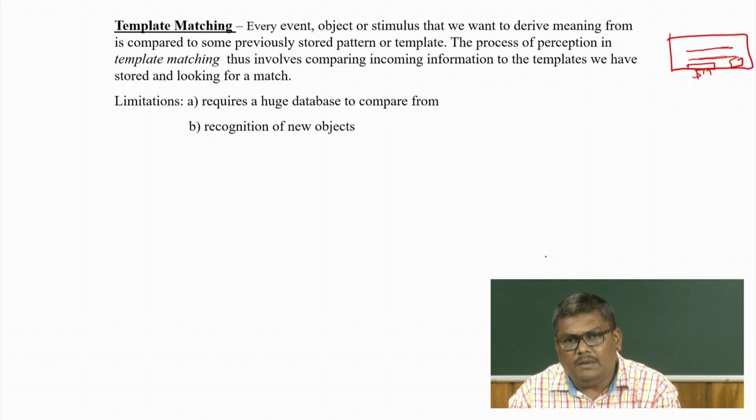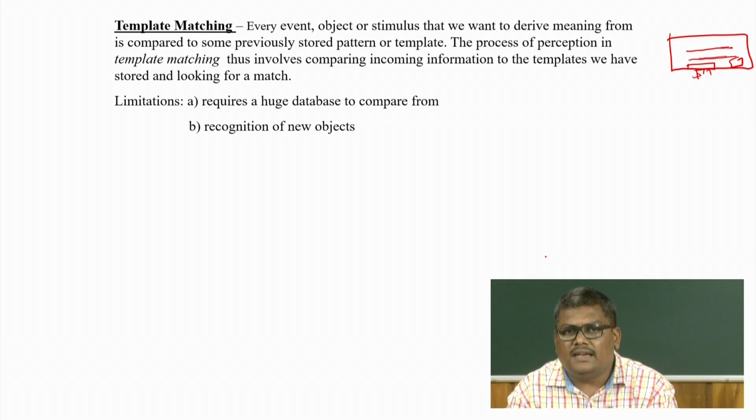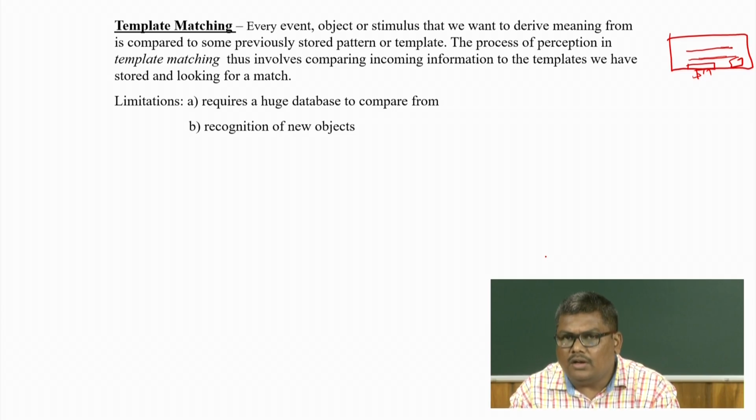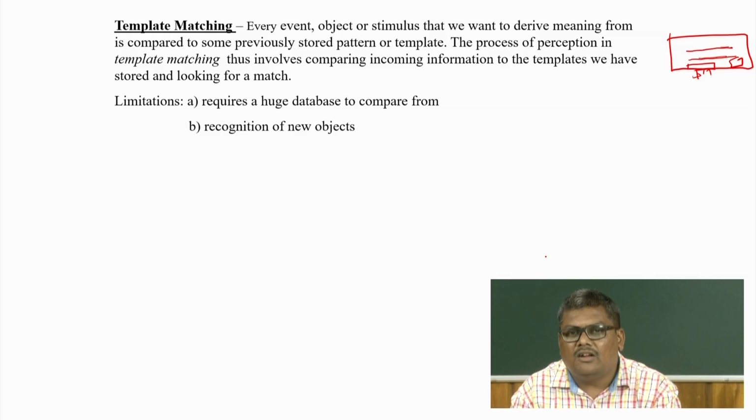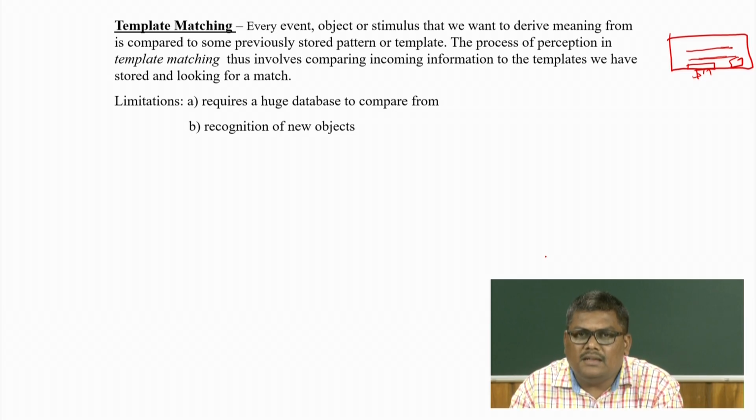But when people migrated to touch screen phones, they did not have too much difficulty identifying touch screen phones or their functions, which means that the template of the button phone got transferred, or somehow accommodated the new template of the capacitive phone, or extended itself to the capacitive phone. Now, how does that happen? That is not explained by the template matching model.